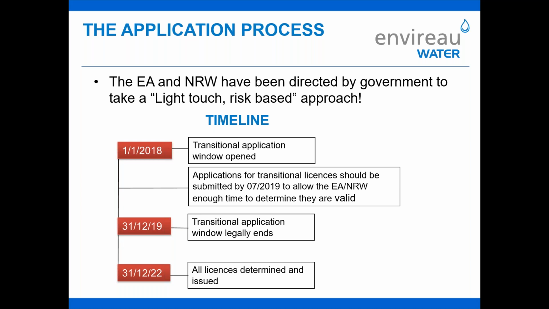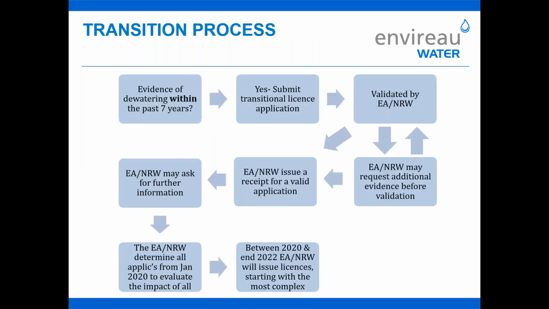Once it's in and validated, then you can go back to the day job, and at some point before the end of 2022, the Environment Agency and Natural Resources Wales will issue a licence, and there may be discussions on what have you. So very quickly, going through the process and the data validation, you need to supply evidence of historic dewatering, submit an application.